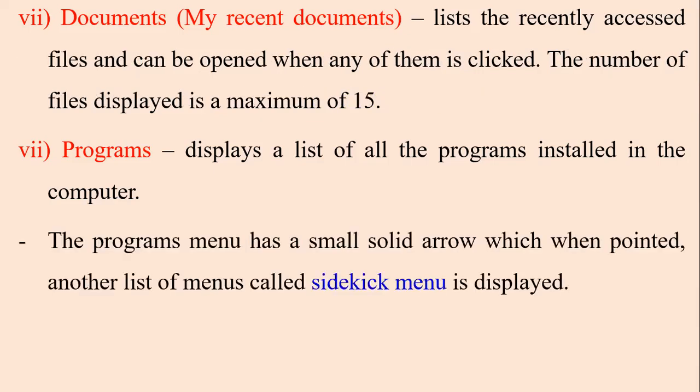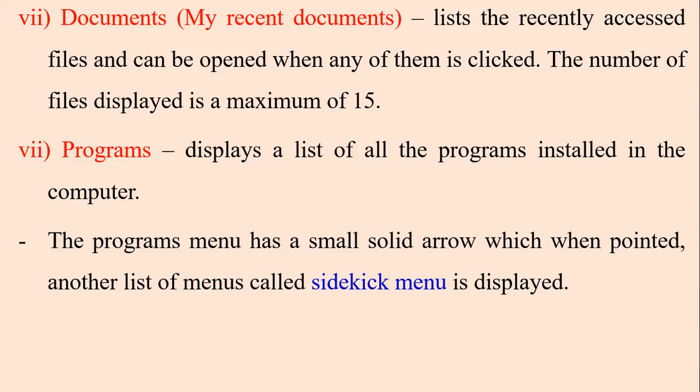The programs menu, if it is available, has a solid small arrow, which when pointed to leads to a list of menus that I have already said are called sidekick menus. And therefore, if any item from the start menu contains a small solid arrow next to its name, that simply means that that option has a list of other items.